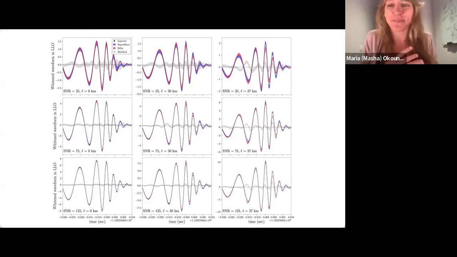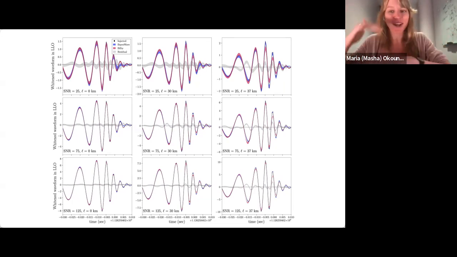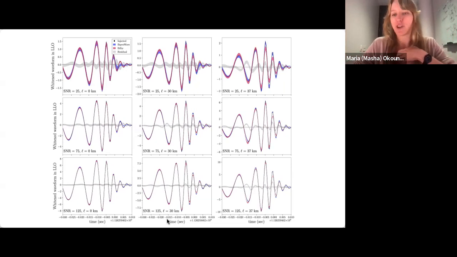The pink region is the GR analysis performed on our beyond GR signals. And what we see is that if we compute the residual between the best fit GR waveform and our injected waveform, we get, for larger signal to noise ratios and larger values of the beyond GR coupling parameter, so the strength of the beyond GR modification, a residual that is not consistent with 0, and in fact is convergent, let's say, with signal to noise ratio.